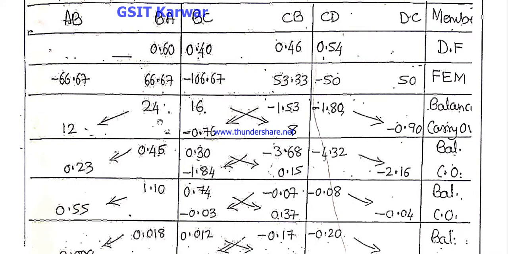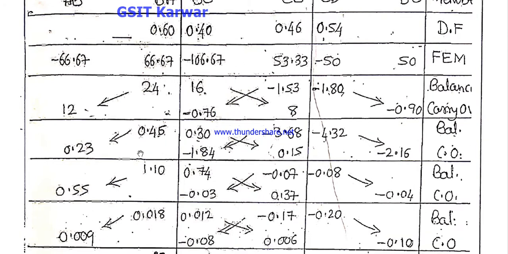Yes, after completing this step, finally you are getting these carryover moments. Next, again repeat the same step. That means again the balance, carryover, balance, carryover. Like this, it will continue.